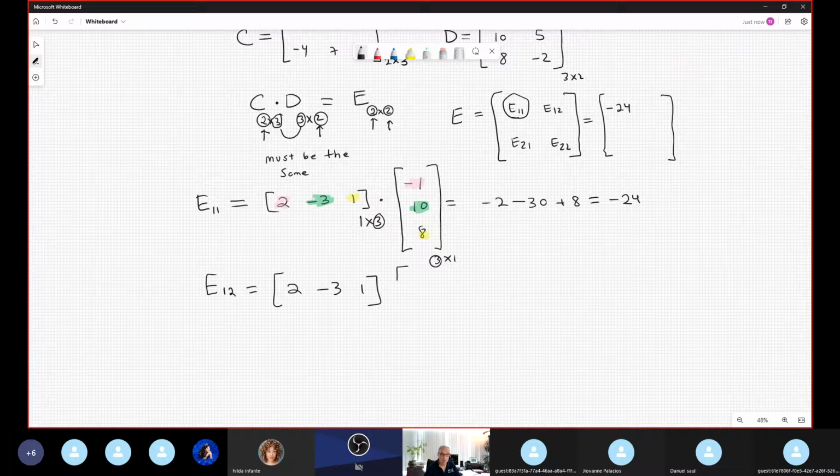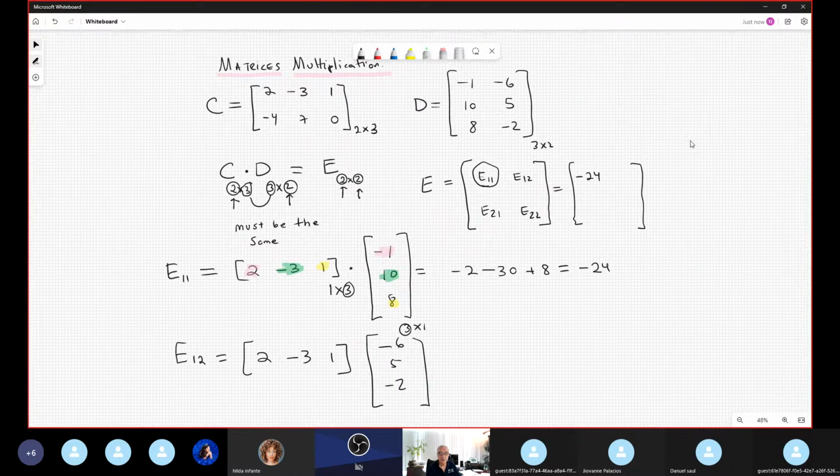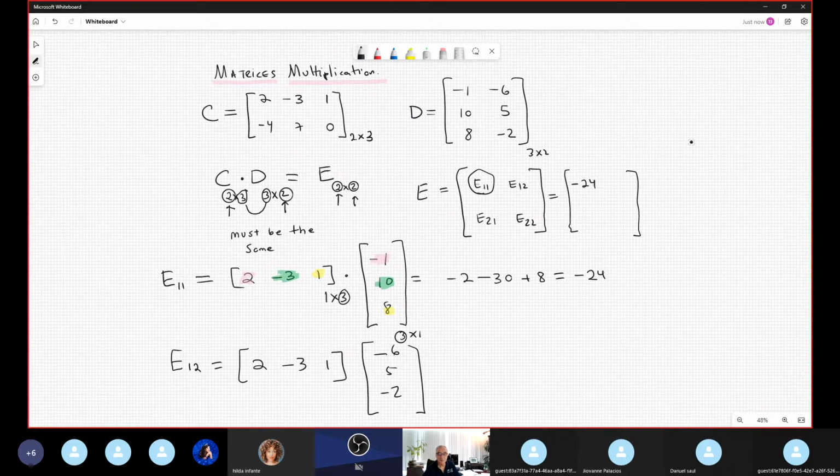But now multiply by the second column of the second matrix, -6, 5, and -2. Let me see who is that. This part and that part, multiplication. And the ordering is extremely important.